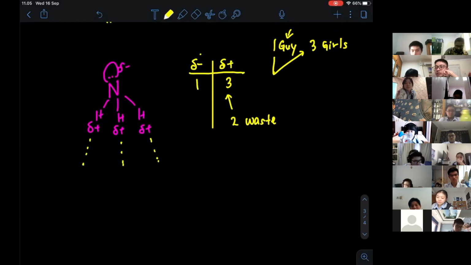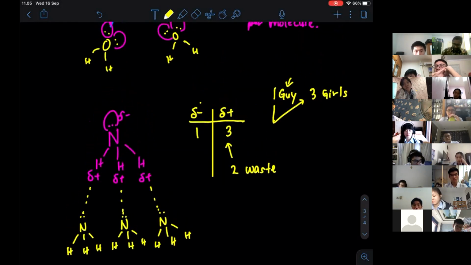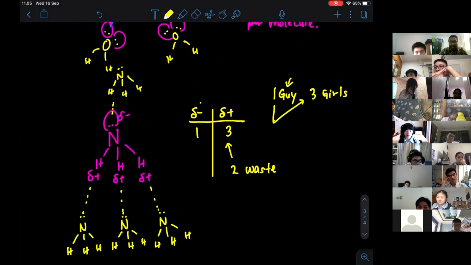Even though they can form like this, in reality it doesn't work that way because of lack of delta negative. So if I partner this with this, the remaining 2 delta positive will go to waste.